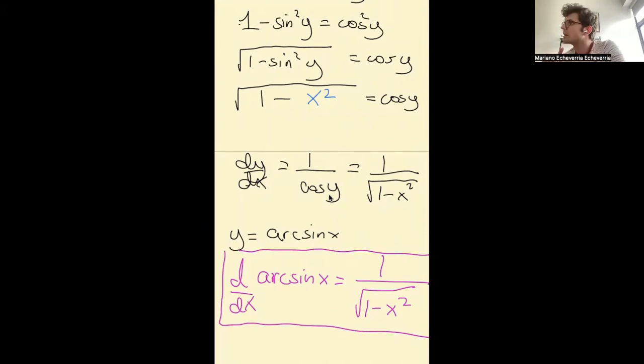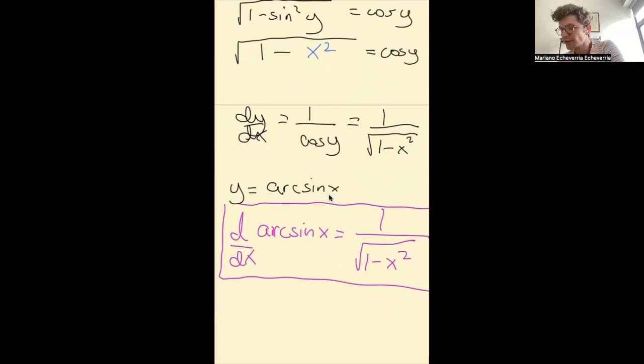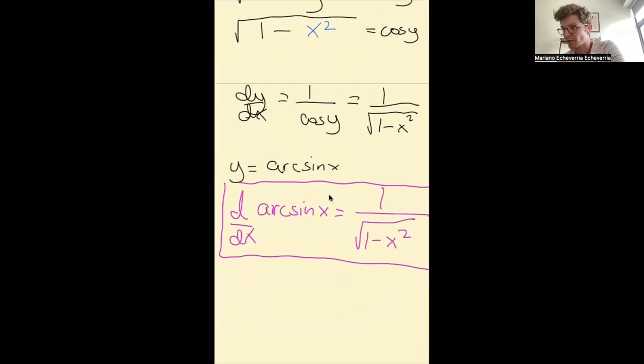Okay, let's continue with similar problems to this one. There's a thing called logarithmic differentiation. Again, we're still just learning different tools to find derivatives.